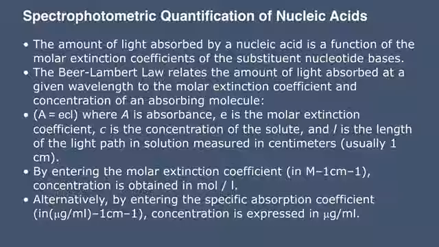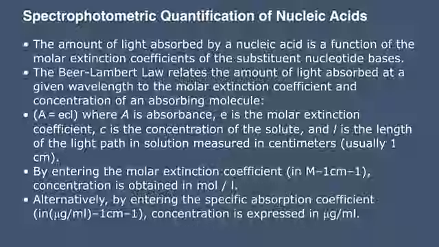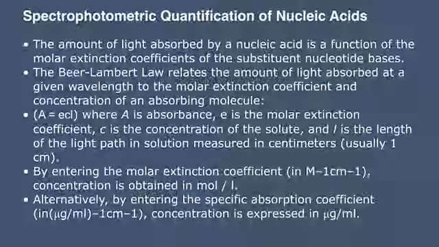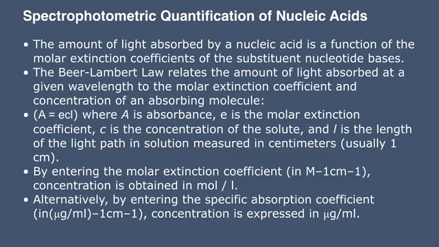By entering the molar extinction coefficient in molar to the power of -1, centimeter to the power of -1, concentration is obtained in mole per liter. Alternatively, by entering the specific absorption coefficient in microgram per milliliter to the power of -1, centimeter to the power of -1, concentration is expressed in microgram per milliliter.